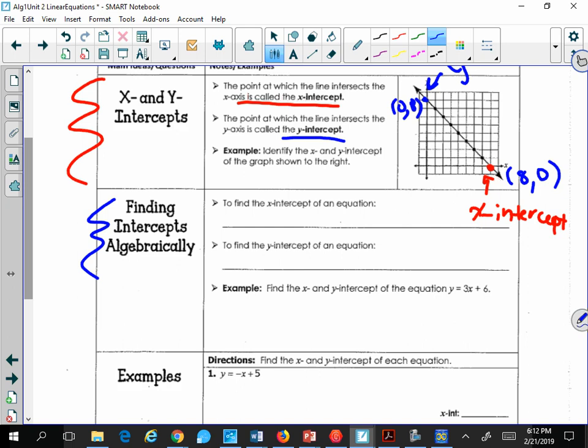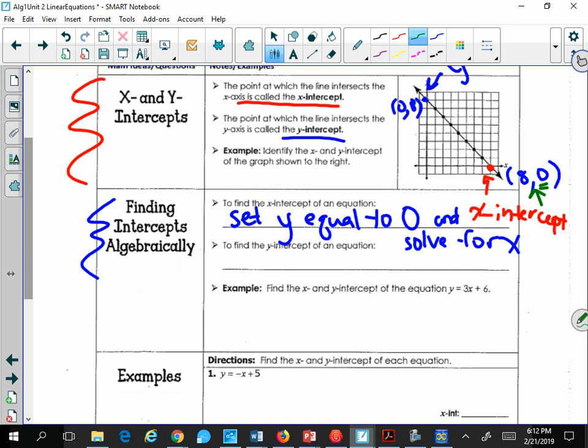Because in order to find the x-intercept of an equation, I'm going to set y equal to 0 and solve for x. The reason I pointed out what these coordinates are is because notice that the coordinate of the x-intercept, the y value is 0.